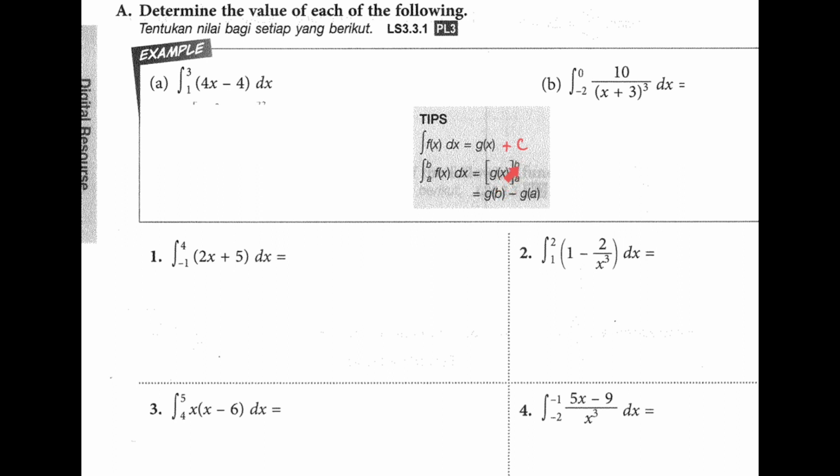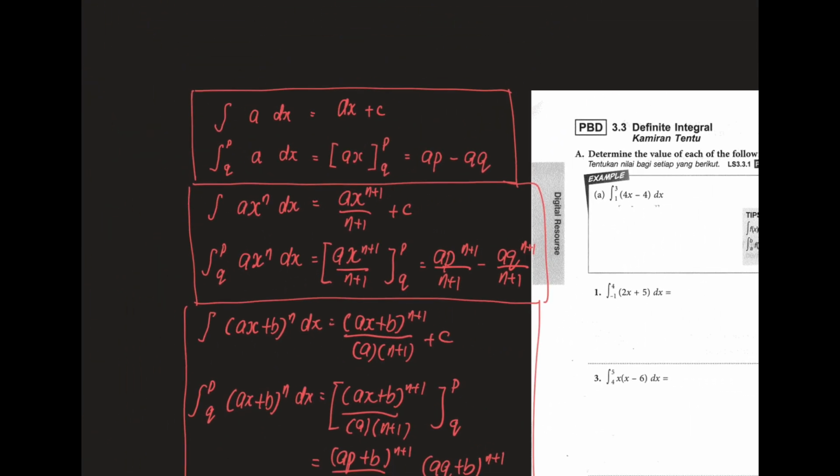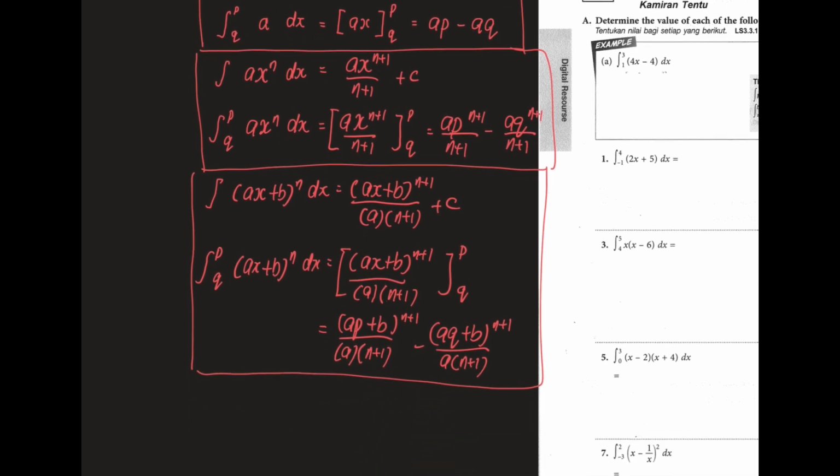They put everything in general actually. And now you have to substitute the upper limit into x, then you get gb. Then you minus, always minus. You see our formula, always minus. The formulas that I put just now, all of these have a minus, as in here, minus, this one, minus, and the last situation also, minus.